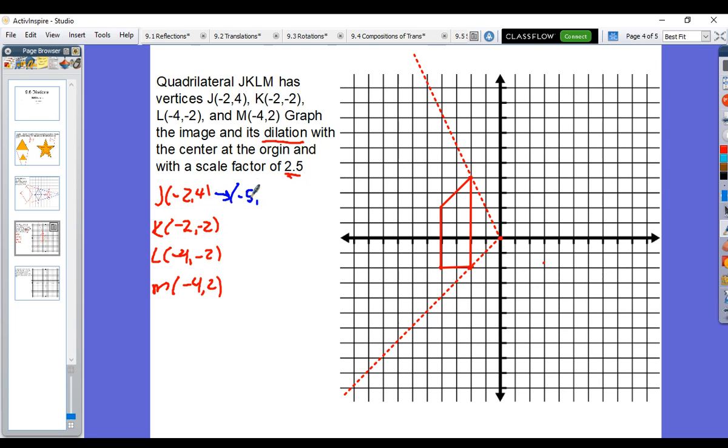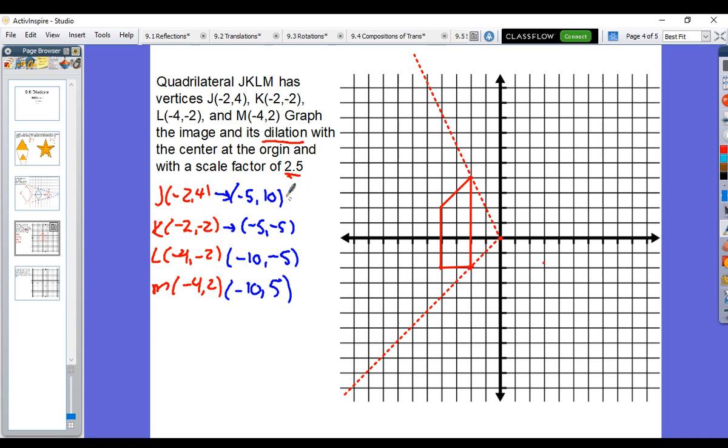So -5, 10. Since -2 becomes -5, 4 becomes 10, so -4 becomes -10, and then -2 becomes -5, and 2 becomes 5. So these are the coordinates for our new, bigger trapezoid here.